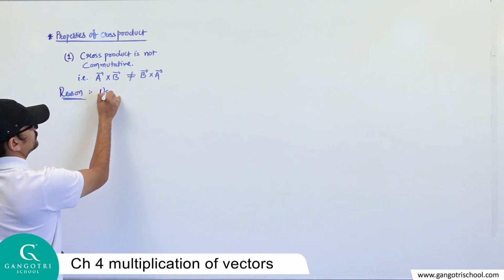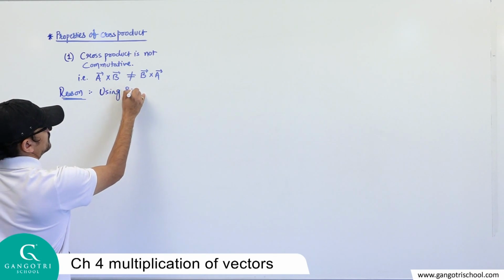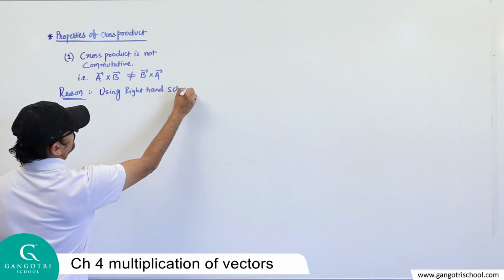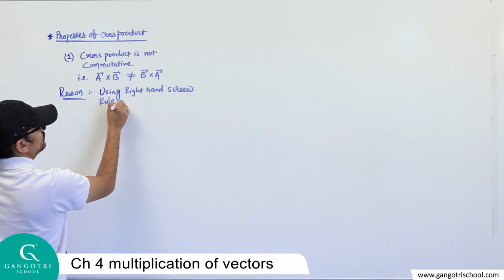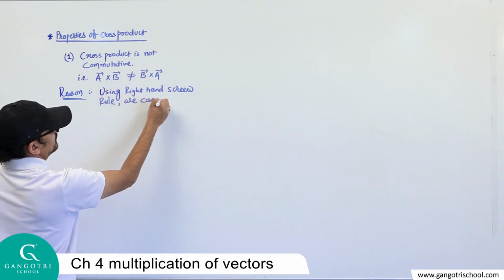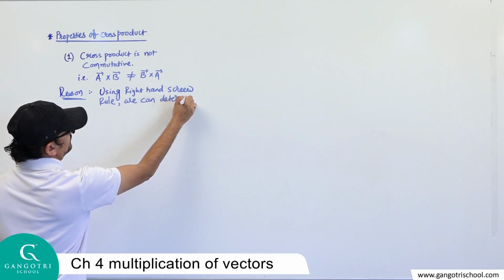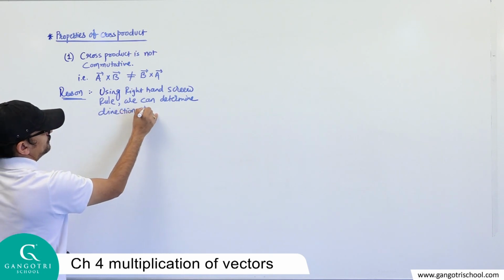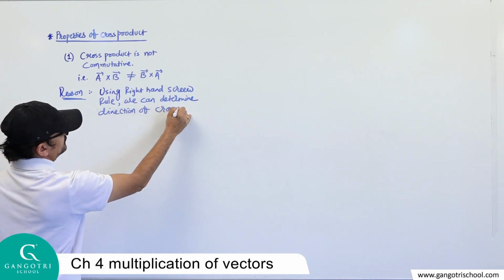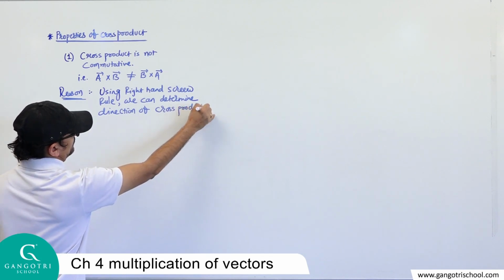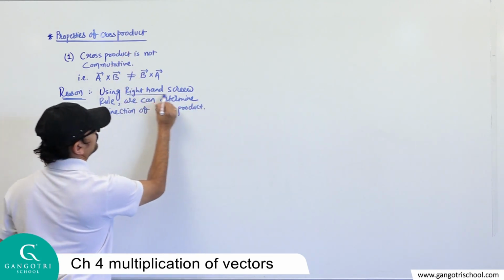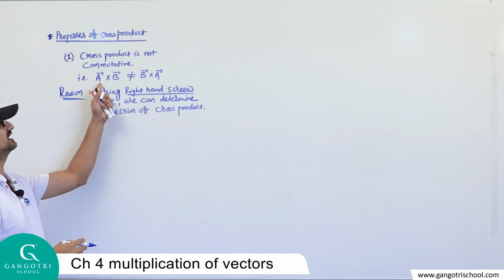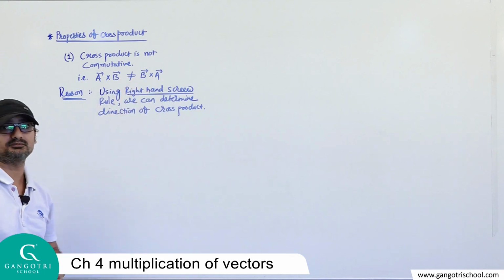Using the right hand screw rule, we can determine the direction of cross product. Now let's understand what the right hand screw rule actually is, and from this discussion we will understand why A cross B is not equal to B cross A.